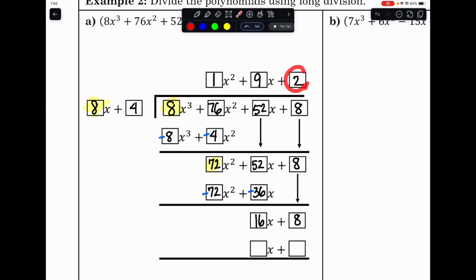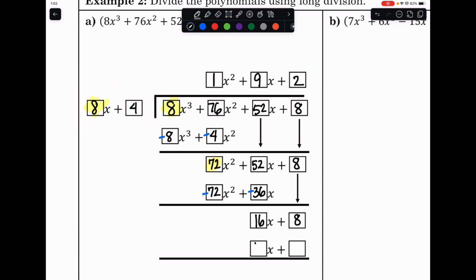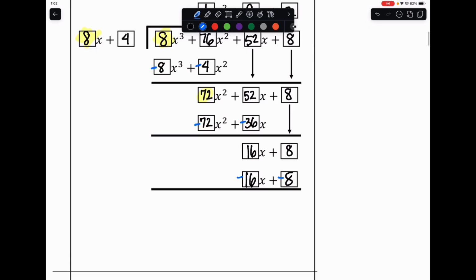Now we're going to multiply that 2 with both of these values. Not just the 8, but with the 4 as well. That's what's different when we go down, that we multiply it by both quantities. So 8 times 2 is 16, and 8 times 4 is 8. Let's switch the signs to these 2 terms and add downwards.